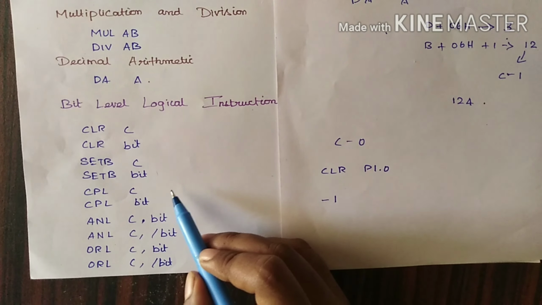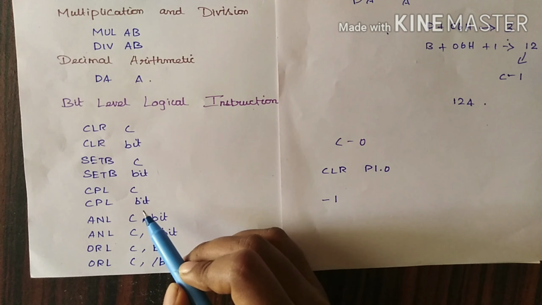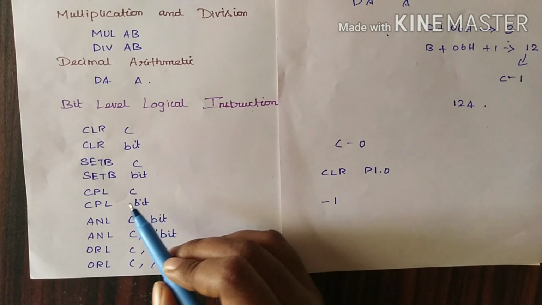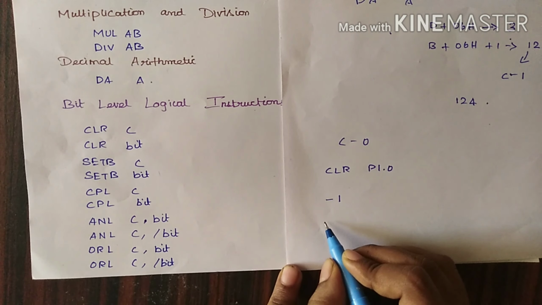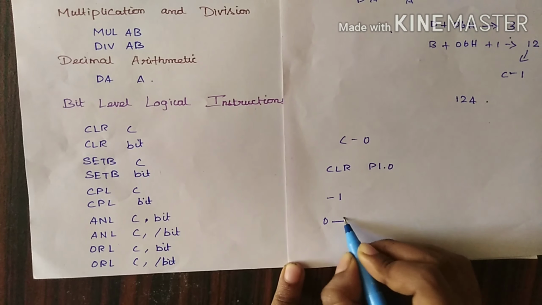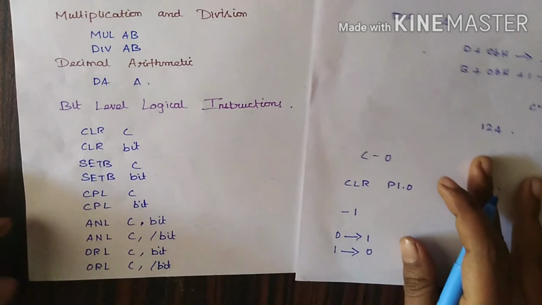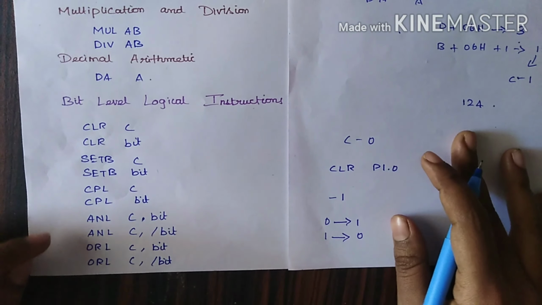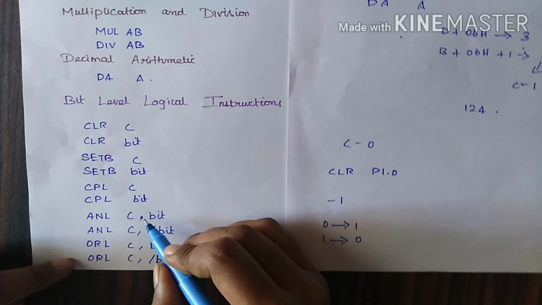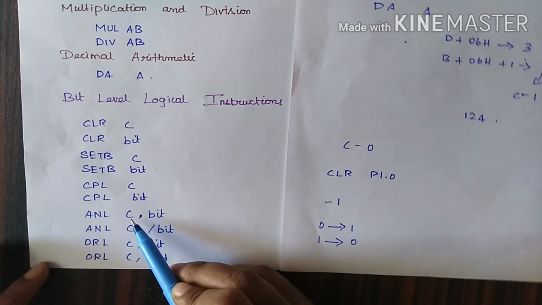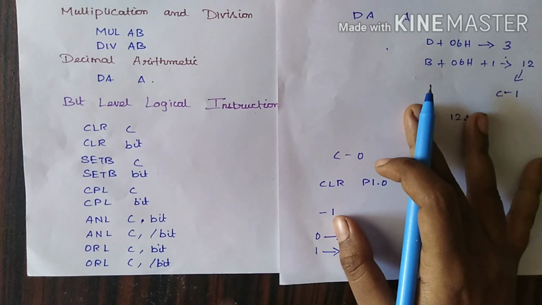In the next two instructions, the data in the carry flag and the mentioned bit will be complemented. That is, if it has 0, it will be changed to 1, and if it has 1, it will be changed to 0. And in the next instructions we have AND logic and OR logic. So here we indicate the carry flag, and we also indicate a bit.